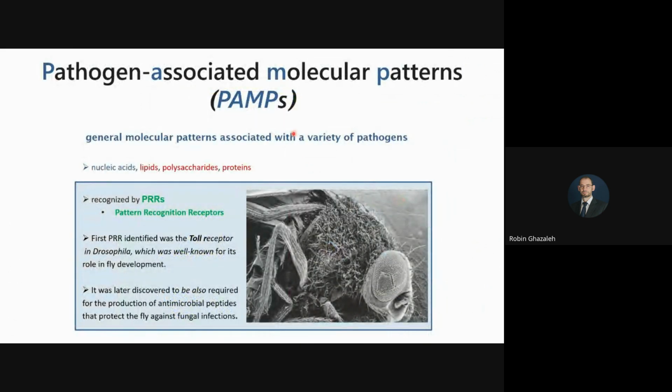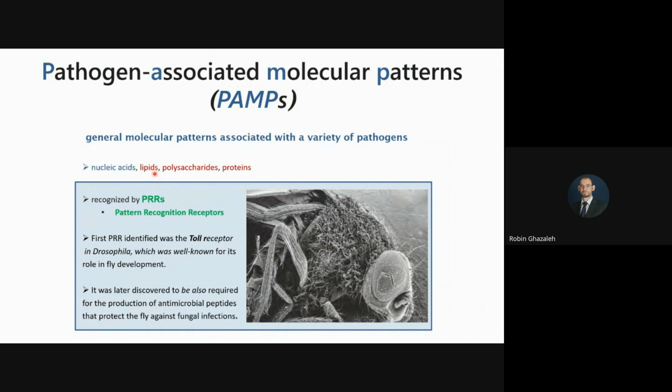The pathogen recognition receptors are recognizing pathogen-associated molecular patterns, PAMPs. These are general molecular patterns that are associated with a wide range of pathogens. Some of these recognition receptors are able to recognize microbial nucleic acids, and those are distinct in some ways from human cell nucleic acids.